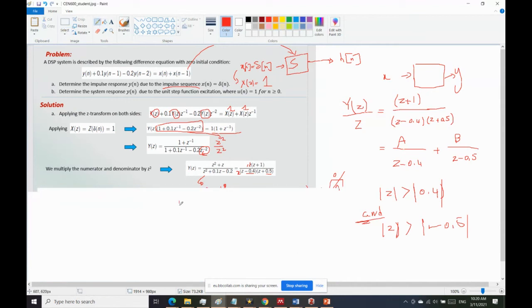If you look at it in the z plane, you have 0.4 and you have 0.5.